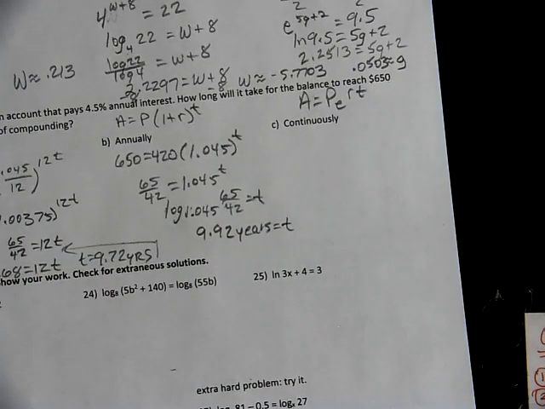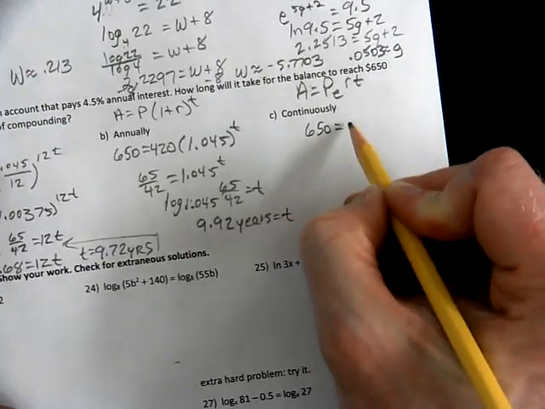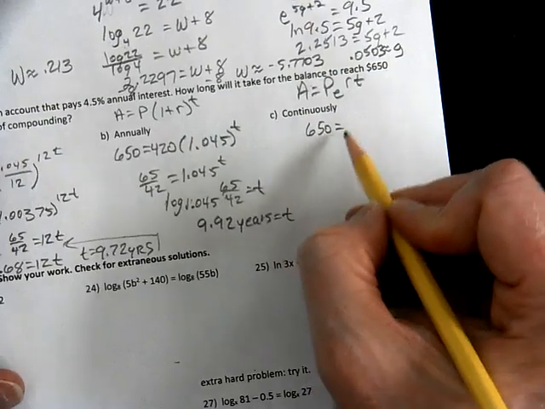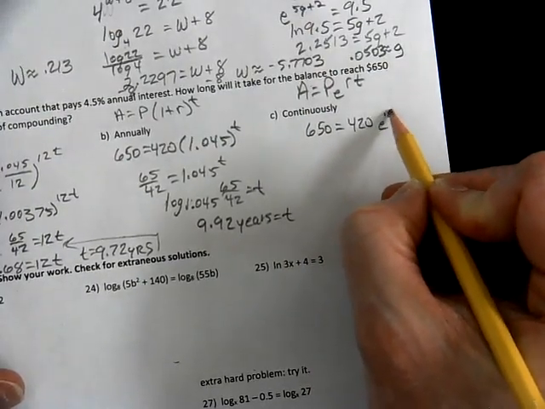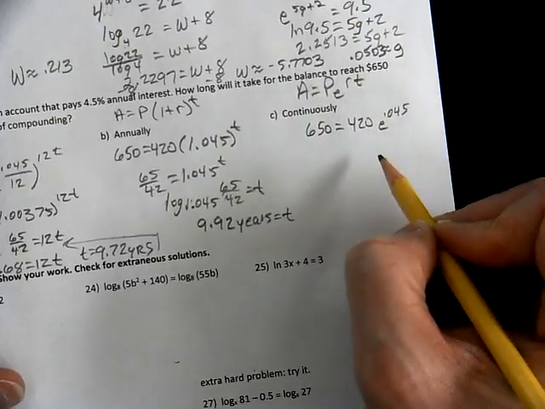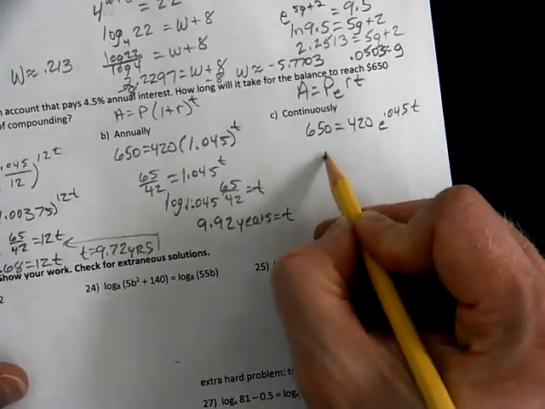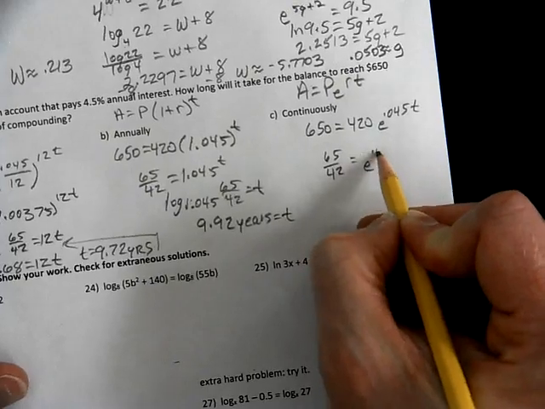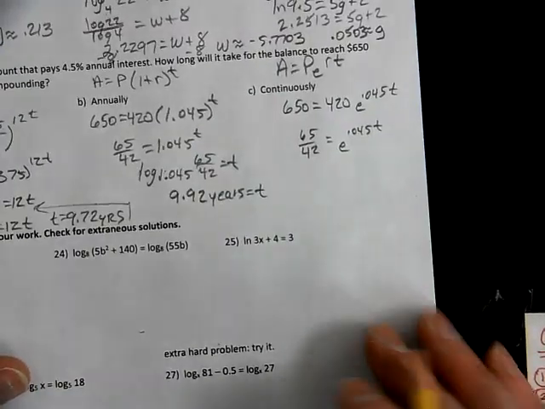And for continuously, we use the PERT formula. We still want to be having $650, and we're starting with $420. The interest rate is still 0.45 times t. So we'll divide it across, simplify it. We've done that a few times. We have our exponential by itself, so we're going to write a logarithm.